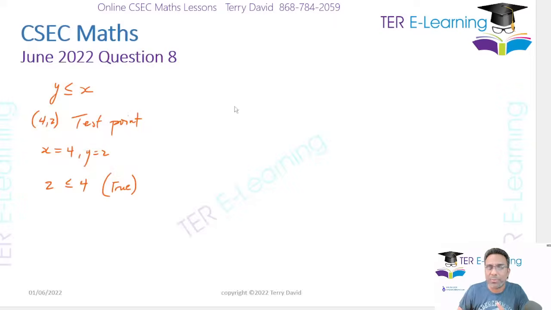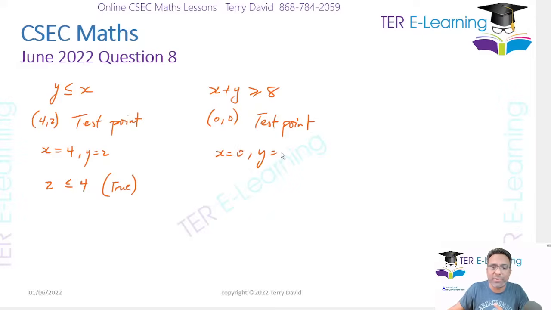So x plus y greater than or equal to 8. So x is equal to 0, y is equal to 0. So 0 plus 0 is greater than or equal to 8. So 0 is greater than or equal to 8. So therefore this is false.